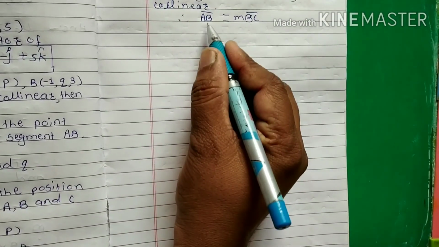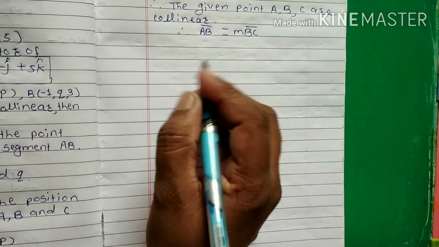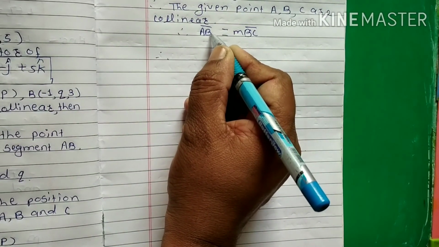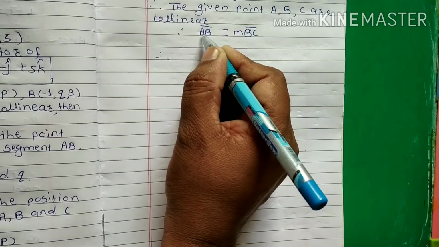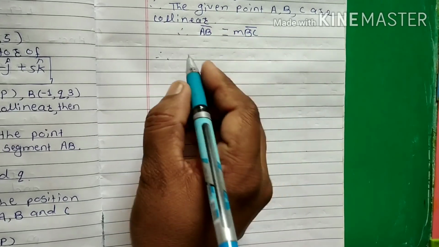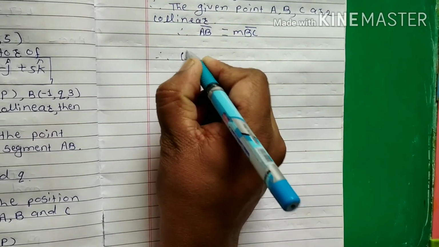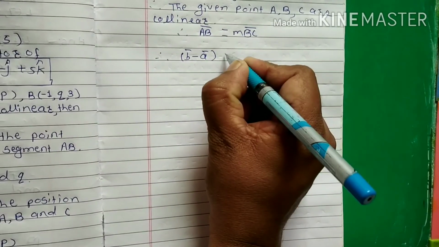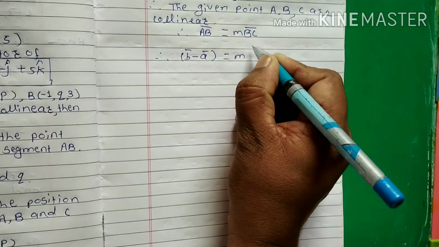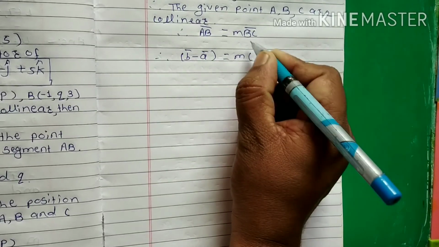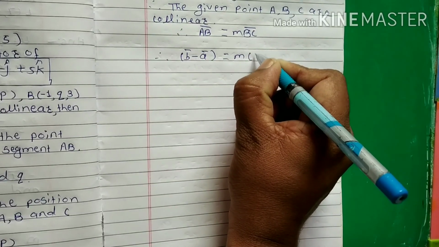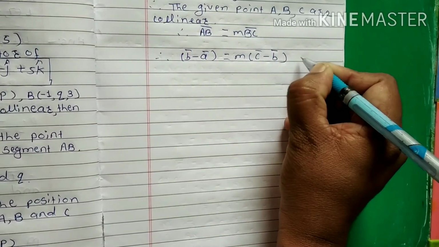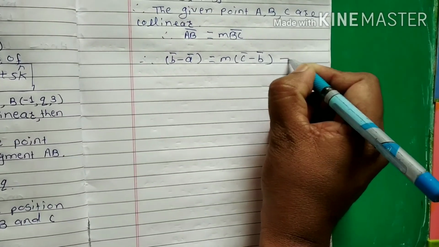Then we know the position vector of AB bar and BC bar: in place of AB bar we put position vector of B bar minus position vector of A bar, that is small b bar minus a bar. Therefore B bar minus A bar, as we have already studied, is equal to M in bracket position vector of BC bar, that is C bar minus B bar. We will give this equation number 1.